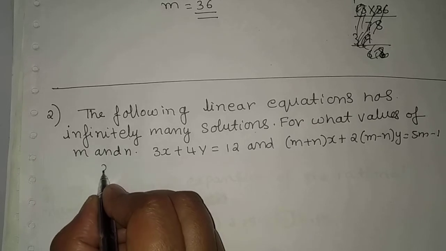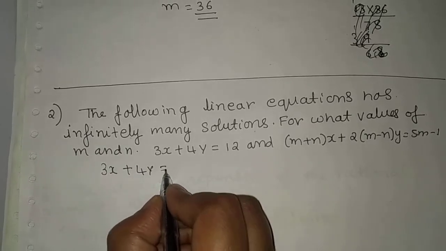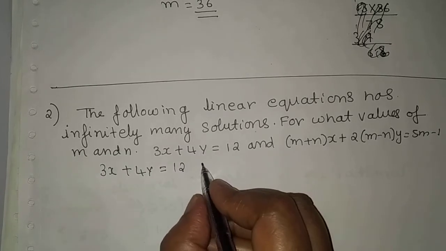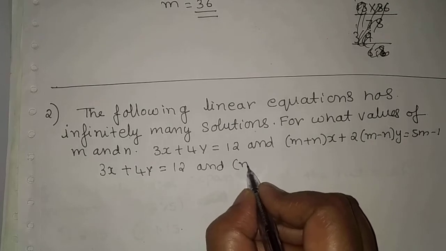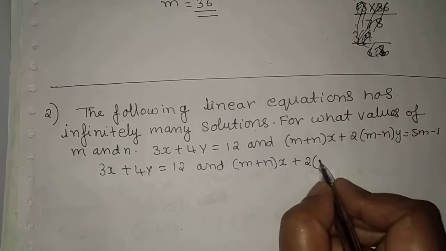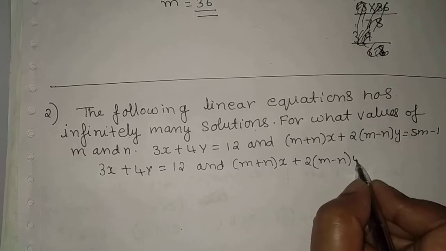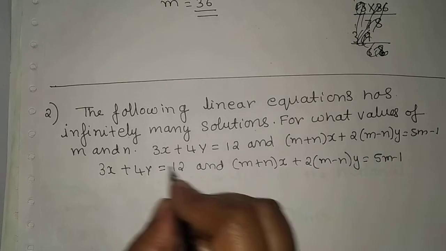So take the equations, that is 3x plus 4y is equal to 12 and (m plus n)x plus 2(2m minus n)y is equal to 5m minus 1.